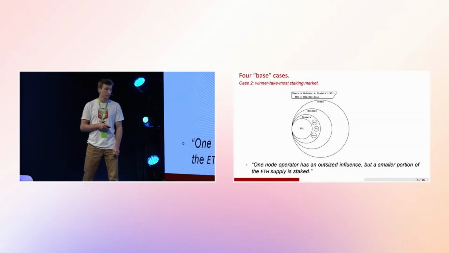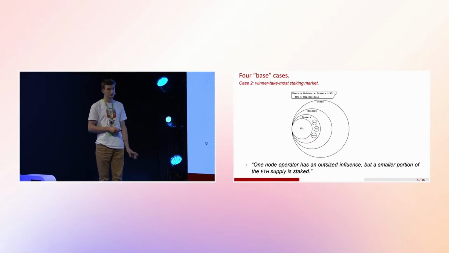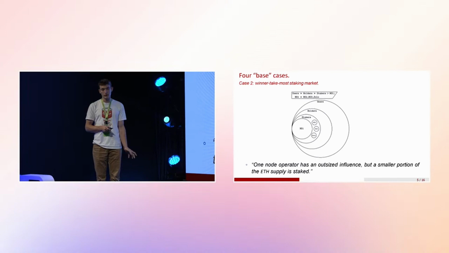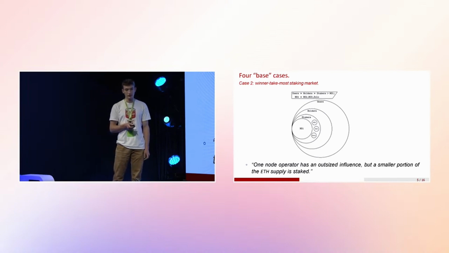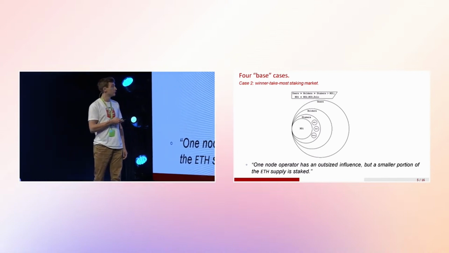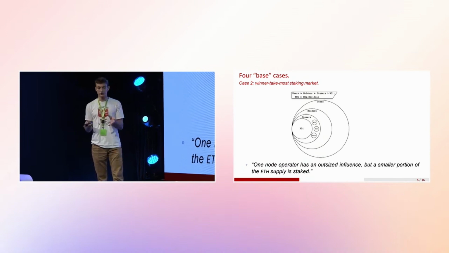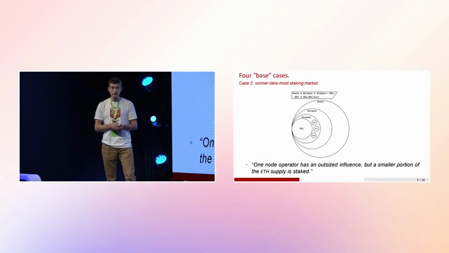So now we can adjust some of these relations and see what comes out. This is case number 2, which I call winner take most staking market. And here we have the same relationship between users and holders and stakers. The only difference here is that a single node operator, which is represented by this big circle here, controls maybe a majority, maybe a supermajority of the staked ETH.